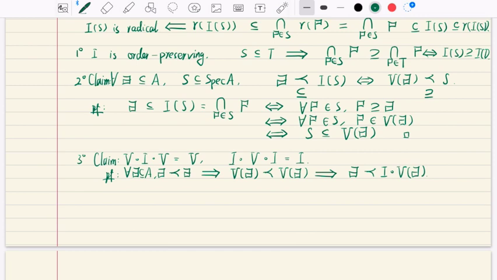We prove that the map IV, the composition of I and V, is bigger than the identity map.